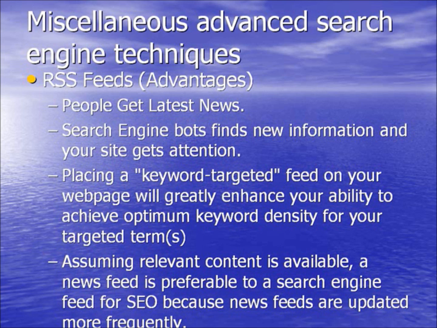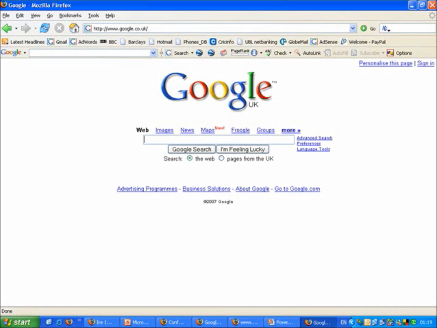That will greatly enhance your ability to achieve optimum keyword density for the terms that you want to target. Assuming that relevant, fresh content is available, a news feed is much preferable to a search engine feed because news feeds are updated more frequently.